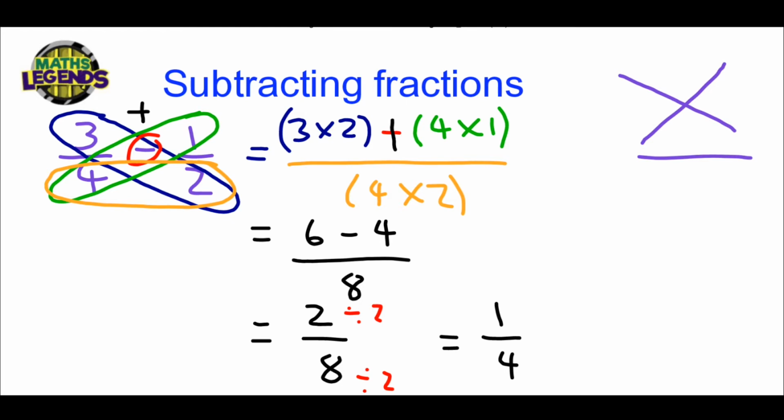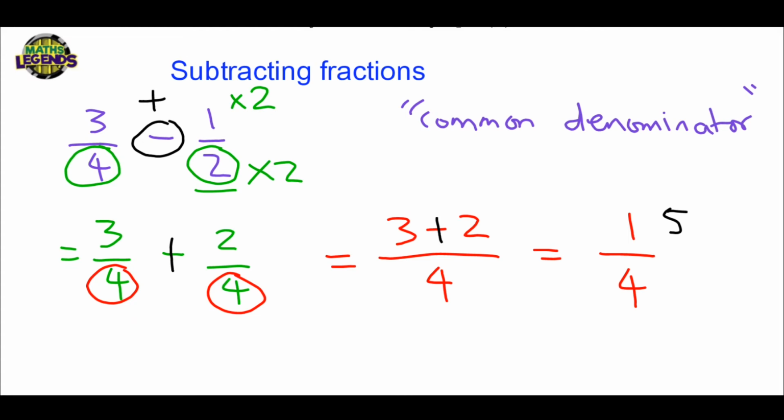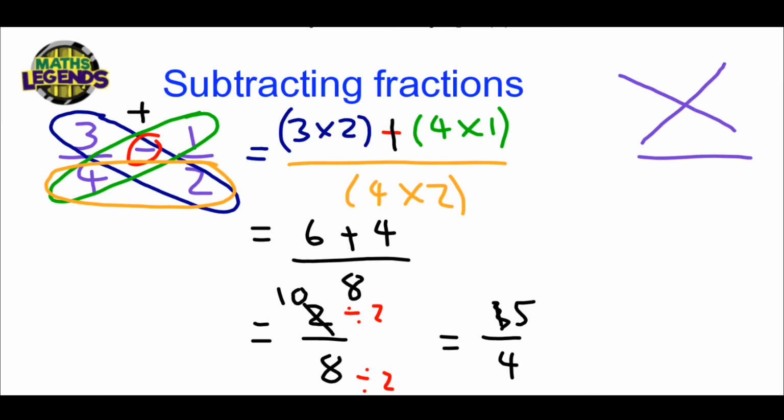So that was a plus, this is a plus. This would now be, instead of 2, it would be 10. So we would have 5 over 4, which is the same answer as the one above. So that's just an aside that the methods are the same for subtracting and adding fractions.